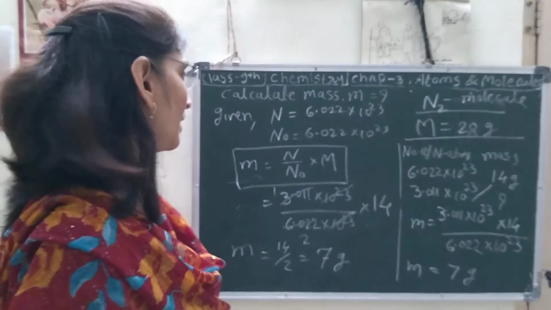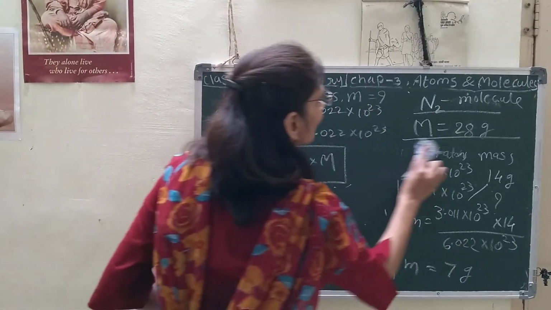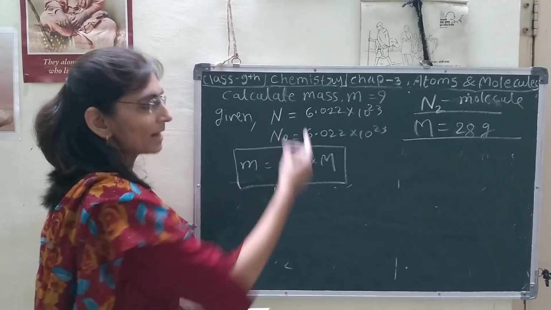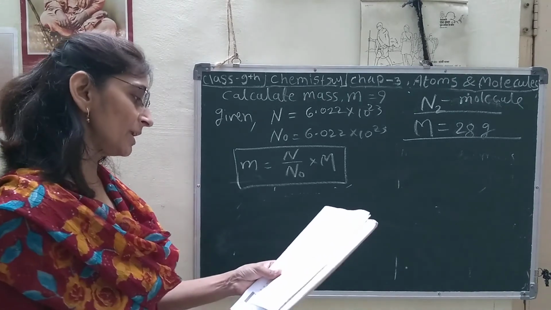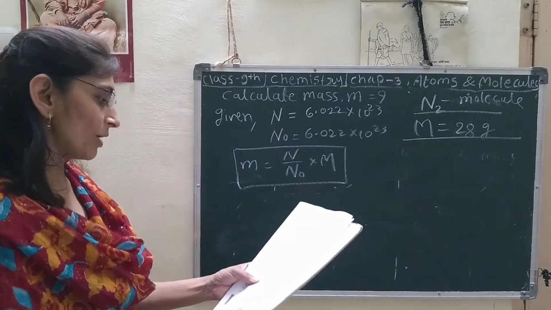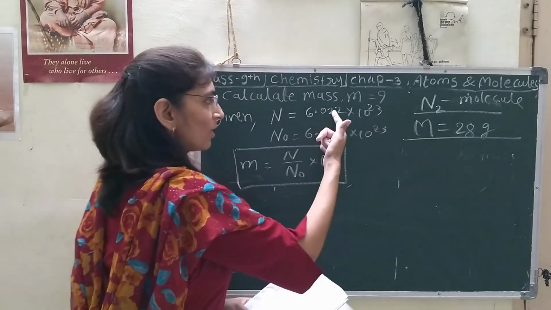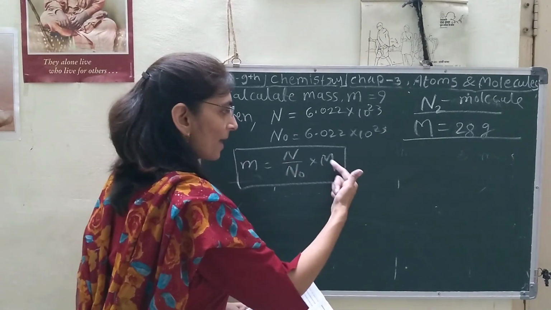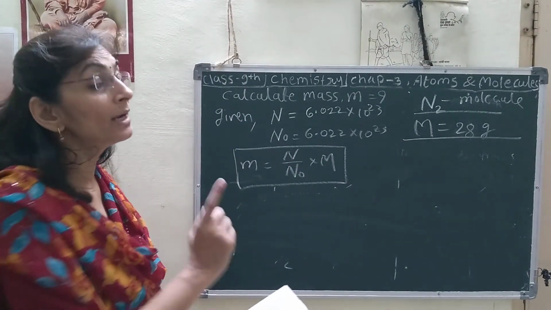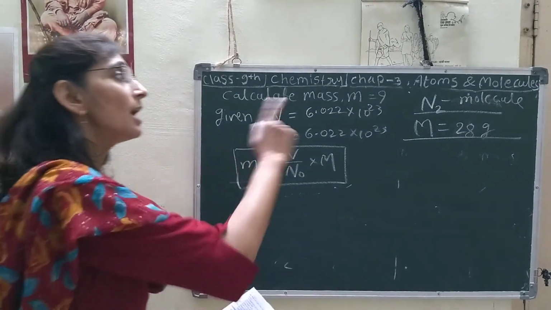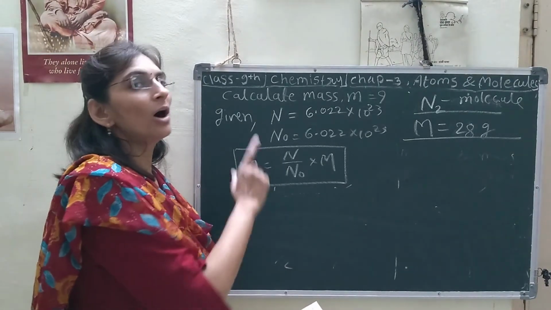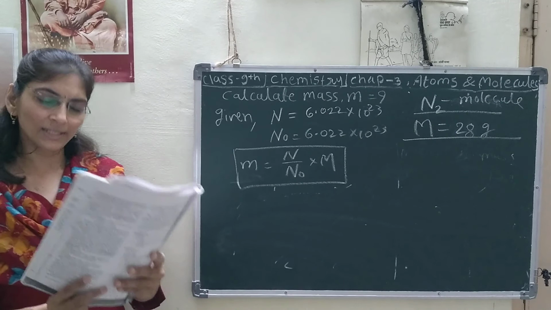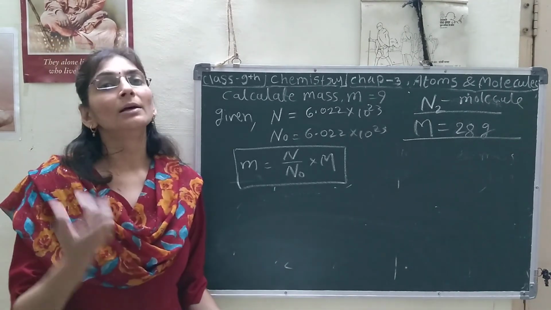So we have to calculate small m. Put this value in the formula, same as in our previous problem, and take out the value. The answer is given in your textbook also. N upon n0 is the same number, so it will be cancelled, and multiplied by capital M, that is 28. So the answer will be 28 gram will be the mass. So you have to do it in your notebook in this manner. Okay. So we will go towards the next problem and we will see in our next lecture.